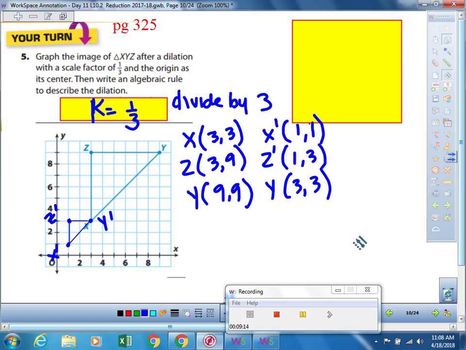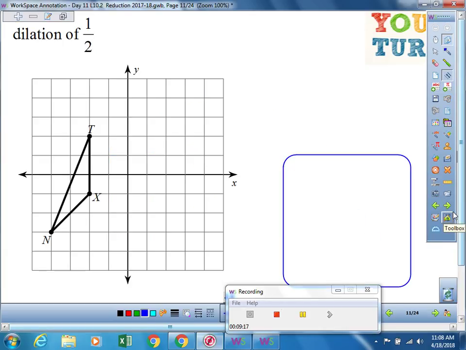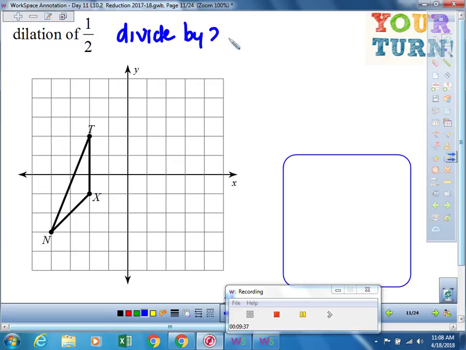Okay, not too bad, right? All right. There's yours. And when you have a dilation of 1/2, what are you going to divide by? Divide by 2.